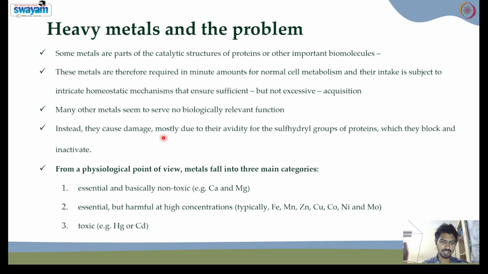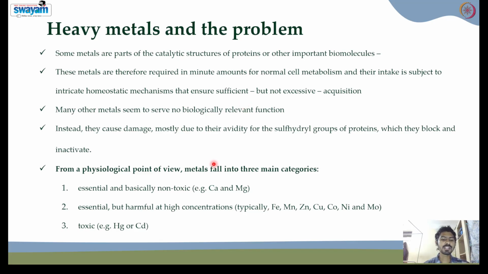They cause damage mainly due to their binding to the sulfhydryl groups of proteins. They block these and inactivate the particular protein even in the presence of a few ppm. So this is the two sides of the heavy metals.